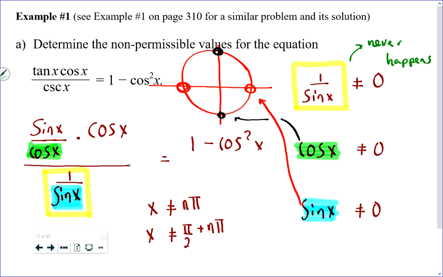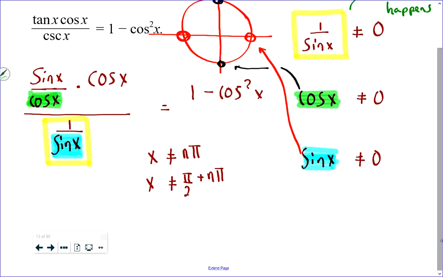You cannot have a fraction like 1 over something ever become 0, because the only way a fraction can be 0 is if the top of the fraction is 0. You cannot have 1 over something equal to 0. So these are our non-permissible values. We can combine these and just say that x is not allowed to be multiples of pi over 2.